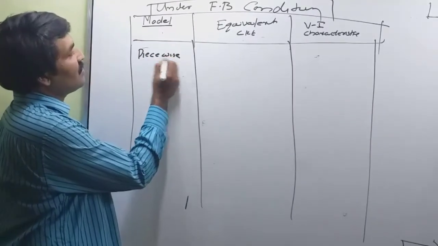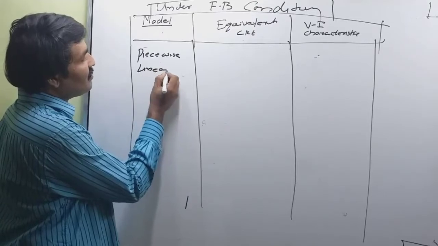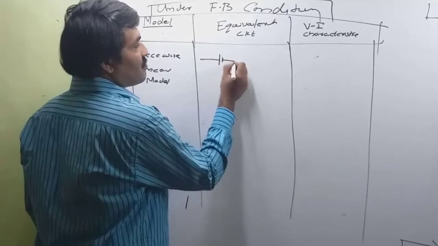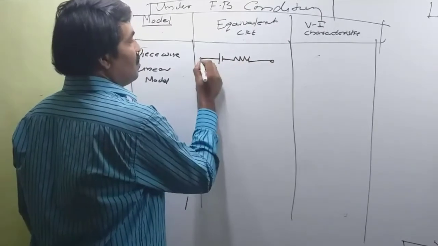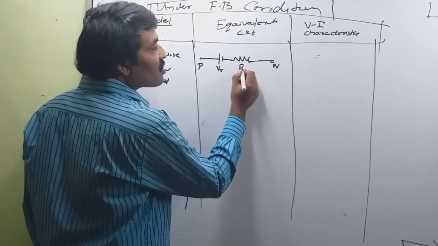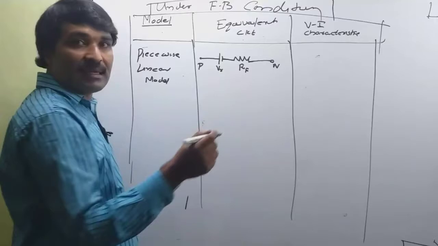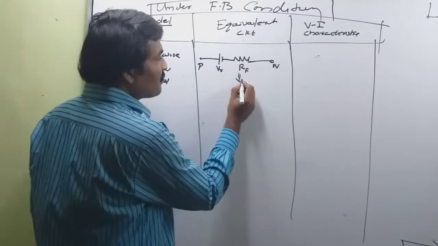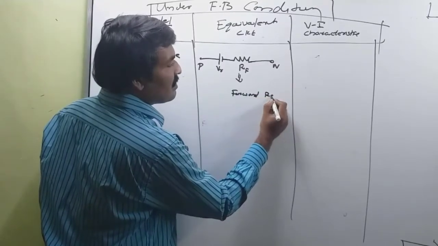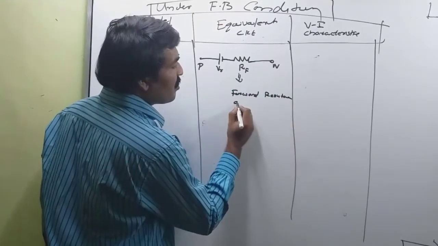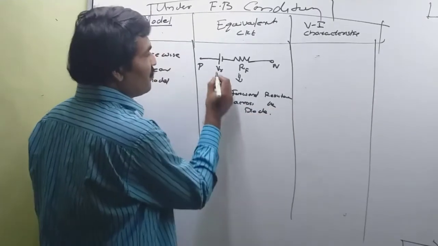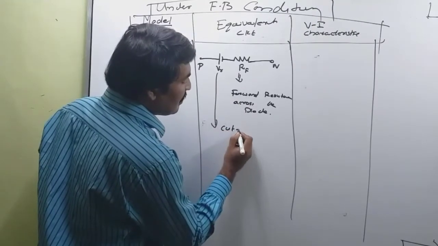Piecewise linear model. So barrier potential, and we are also showing the forward resistance across the diode. Here RF is the forward resistance across the practical diode, and VR is the cut-in voltage.